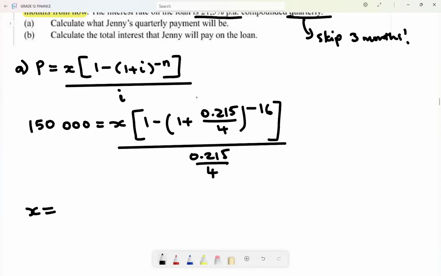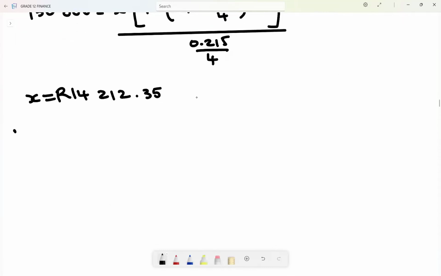Okay. If I'm correct, I get something like 14,212.35. This is the regular payment that Jenny is going to make, or a girl. Is it a lady or a guy? I'm not so sure. So yeah, this is that. 14 rand 212.35. Done.